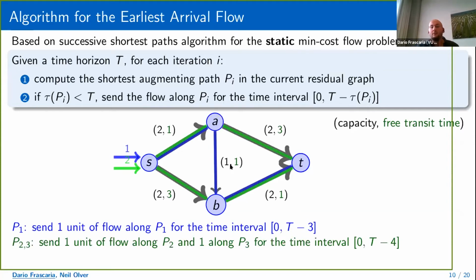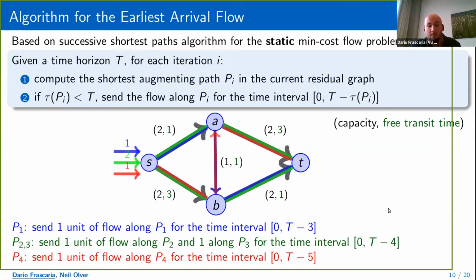Then in the residual graph, we will find 2 augmenting paths that have length 4 and residual capacity 1. So then we will send 1 unit of flow along these 2 paths in the interval [0, T minus 4]. Finally, the last augmenting path is the path S-B-A-T that has transit time 5 and residual capacity 1.